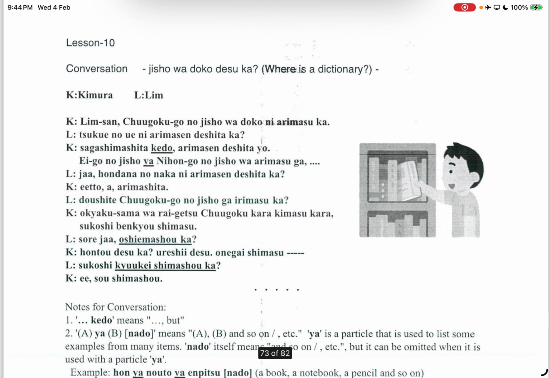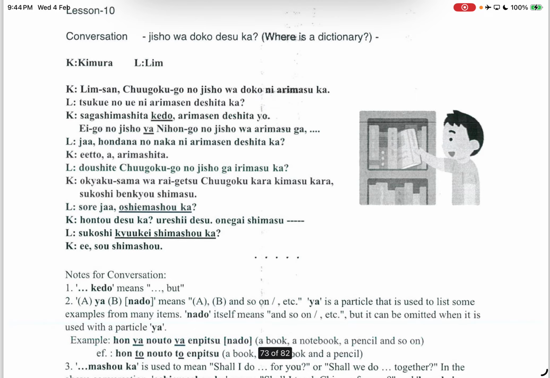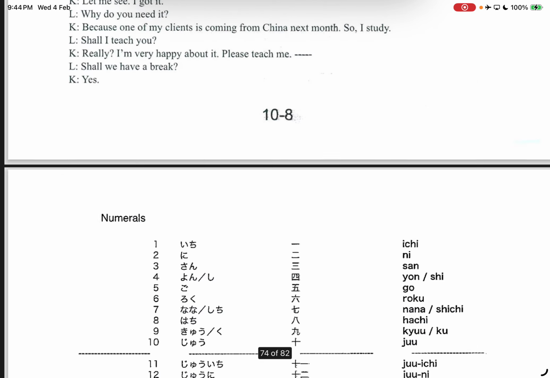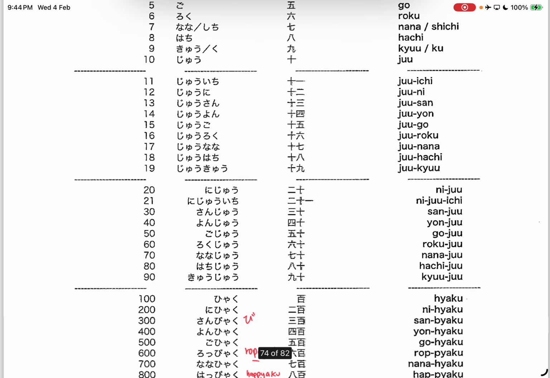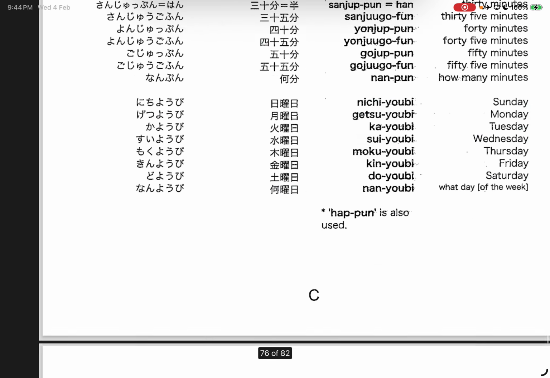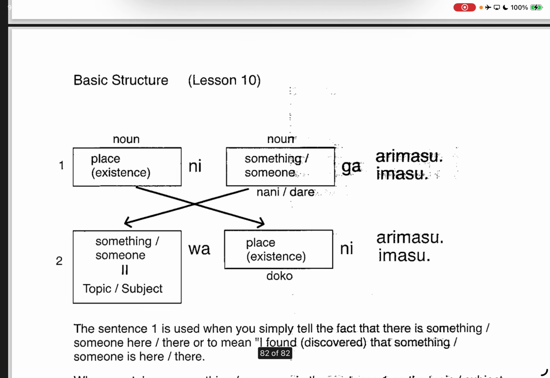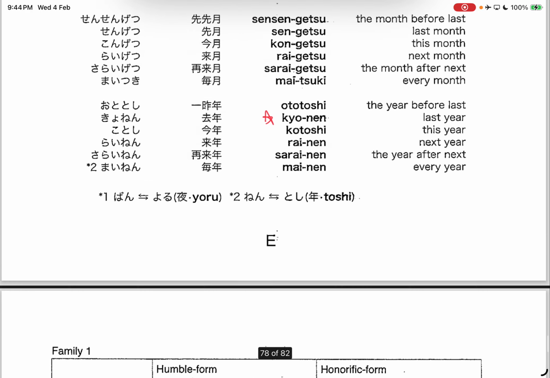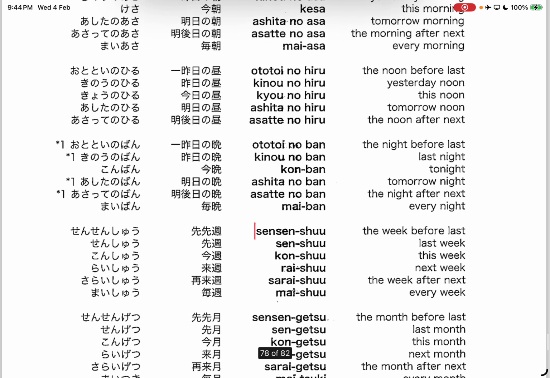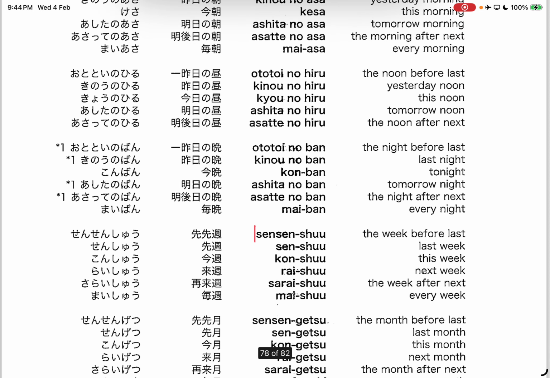Okay, any question about the conversation? No question, then our homework will be lesson 10 and lesson 9. Please also complete your extra sheet. In your extra sheet, the very last homework after lesson 10 is the revision paper. Please complete the 4 pages of revision. We will go through that in the next lesson.